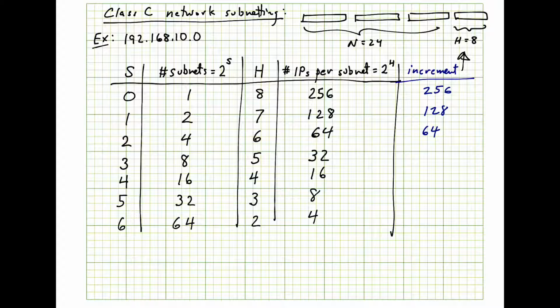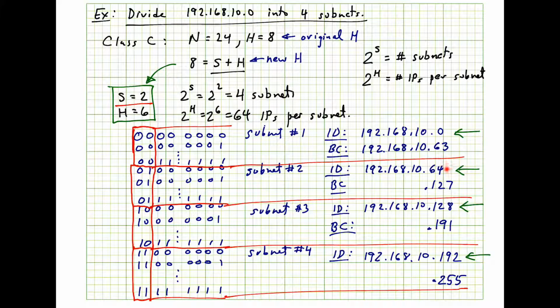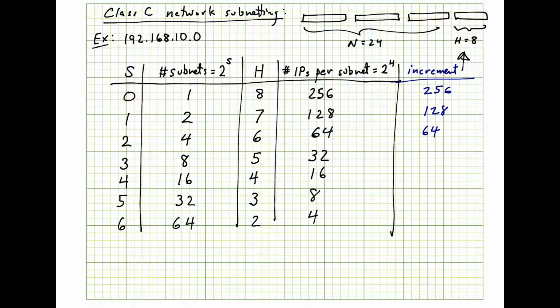So in this third row, where S is 2, H is 6, there are 64 IPs per subnet, and 64 is exactly equal to the increment: 0, 64, 128, 192. We've counted by 64s.